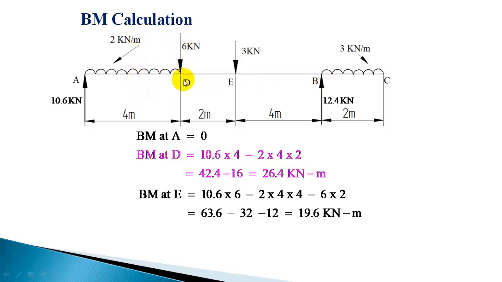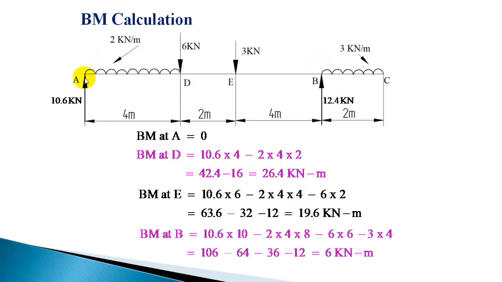Next load is 6 kilonewton, 6 into 6, it is anti-clockwise or negative moment. 3 will also produce a negative moment, minus 3 into 4, a negative bending moment with respect to point B. So 10.6 into 10, minus 8 into 8, minus 6 into 6, minus 3 into 4, so totally you get 6 kilonewton meter. That is the bending moment at B.